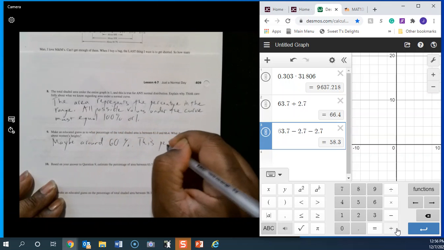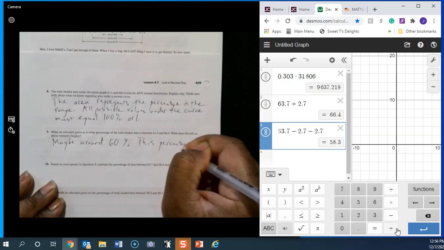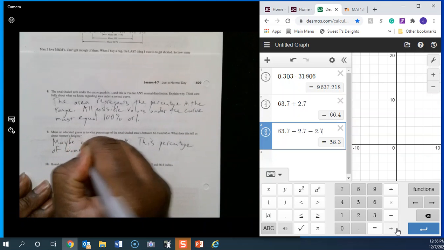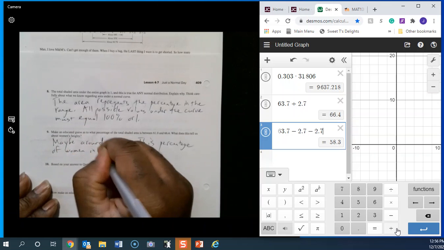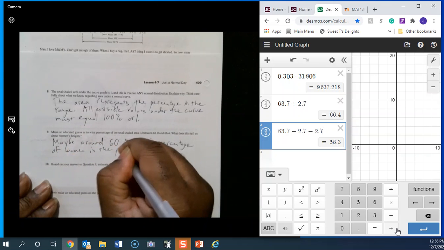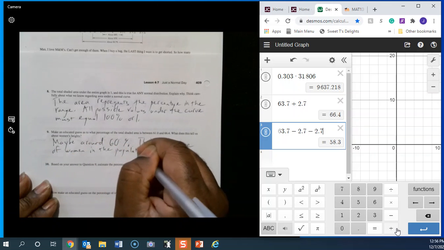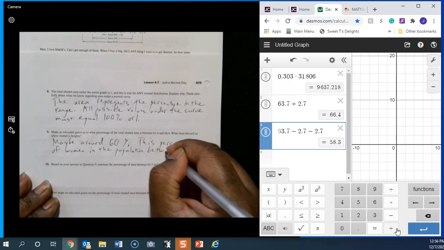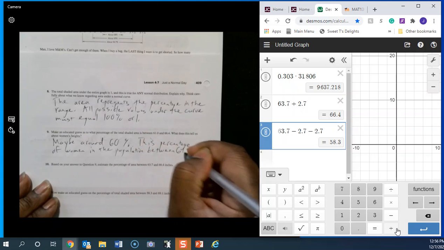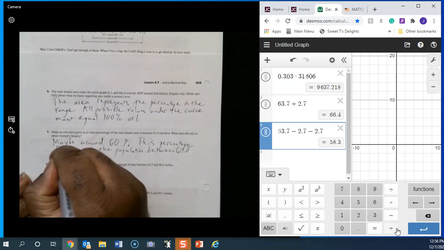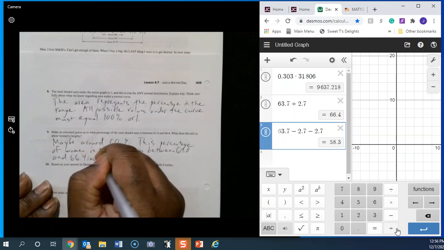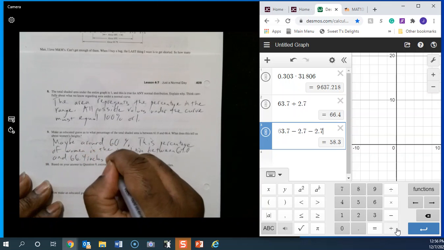And this percentage of women in the population are between 61.0 and 66.4 inches tall.